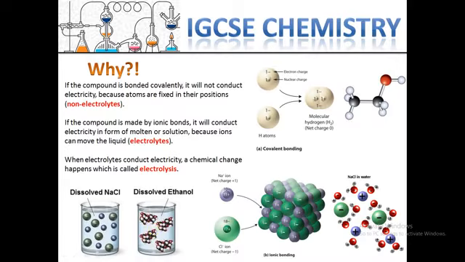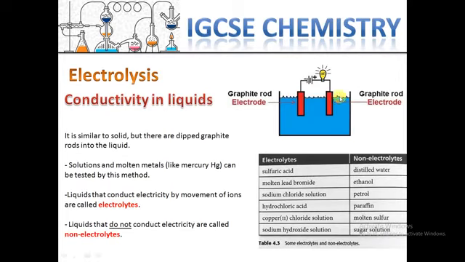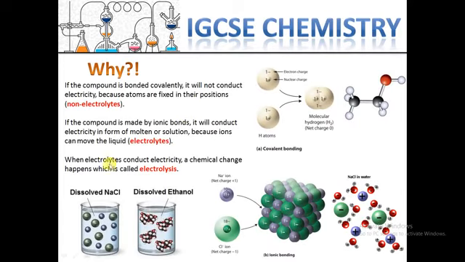When electrolytes conduct electricity, a chemical change happens, which is called electrolysis. So in conductivity in liquids, there is a chemical change.